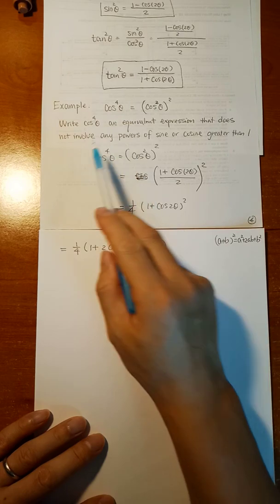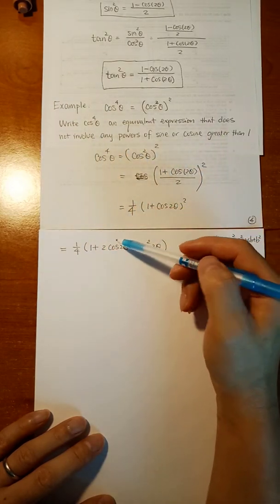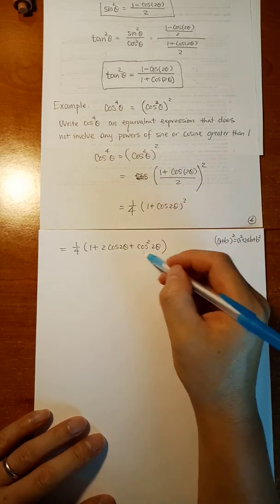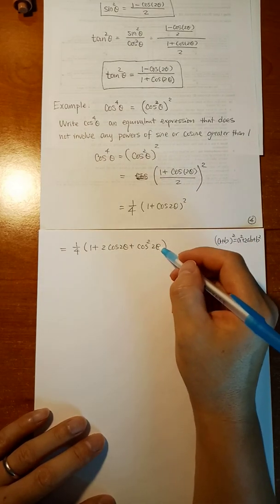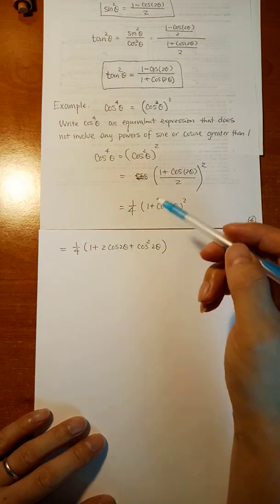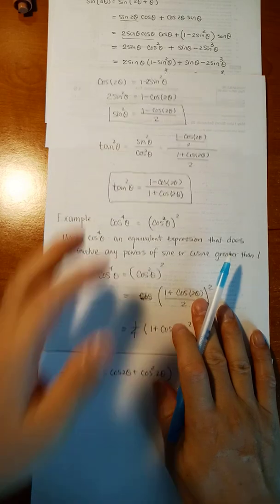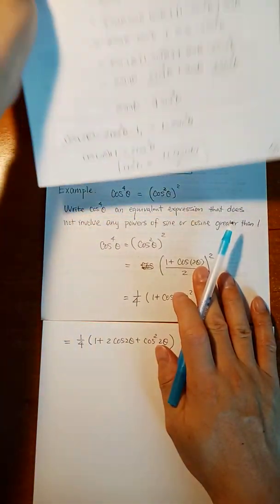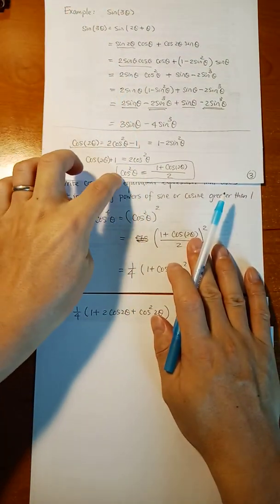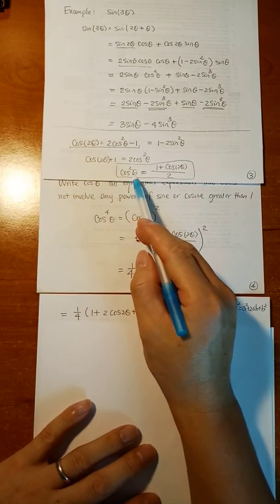We do not want any power greater than 1. This one is okay. The problem is cosine 2 theta squared, which is again the cosine square. Where is cosine square? Yeah. Okay, so let's study this type of formula.